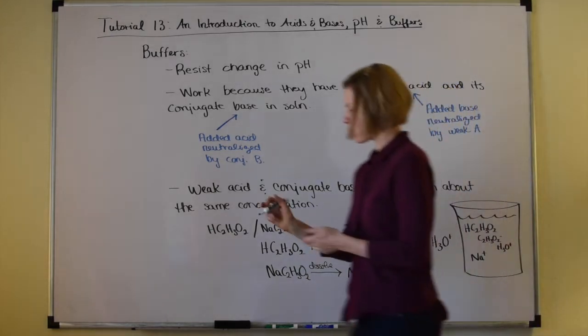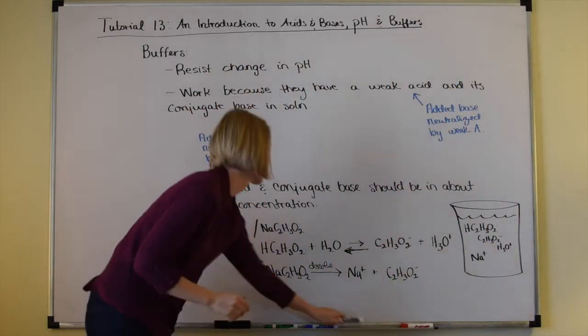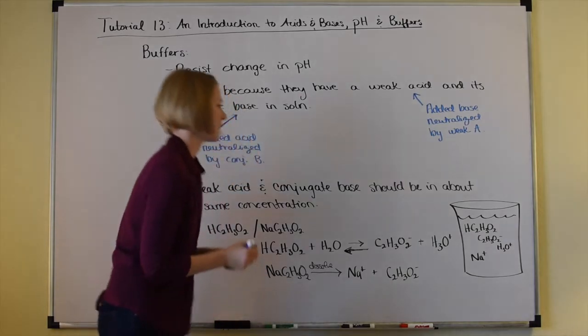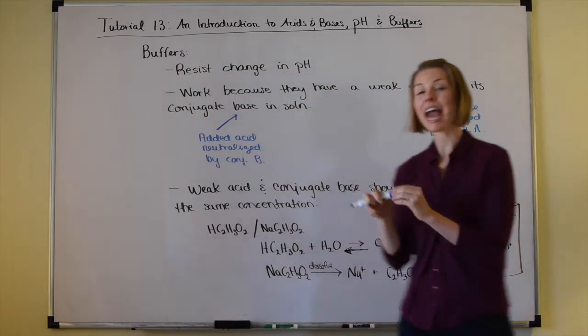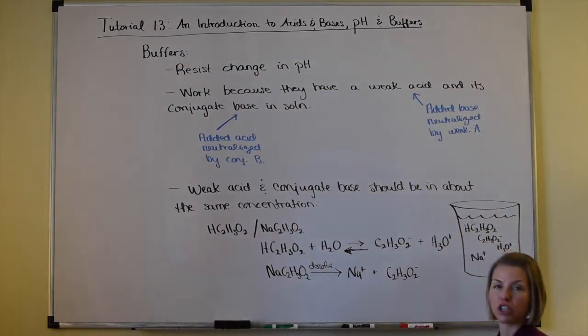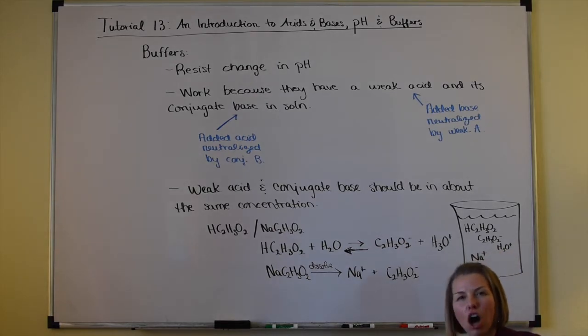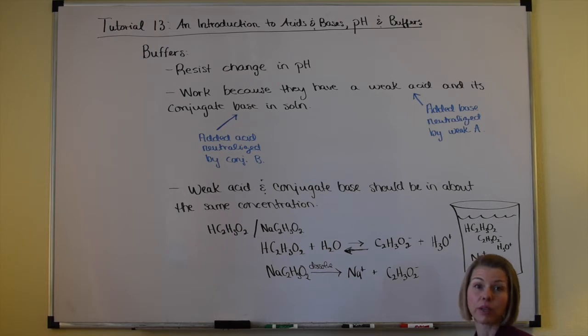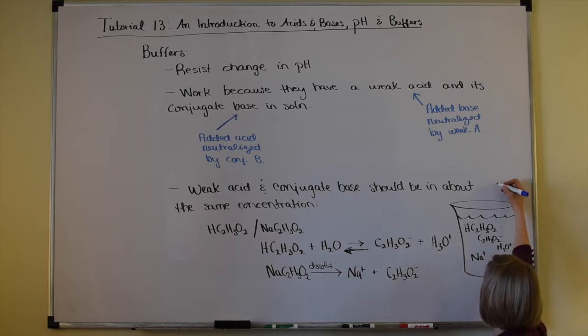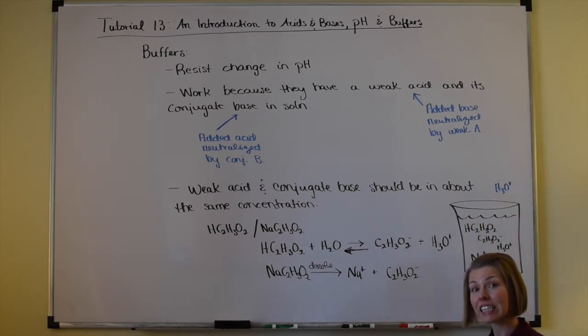Okay, so if we add, and I'll go to the blue pen here, any acid to this solution, what do all acids have in common? All acids produce hydronium ions in aqueous solution, H3O+. So I'm just going to indicate adding H3O+. pH is a measure of the hydronium ion concentration in a solution.